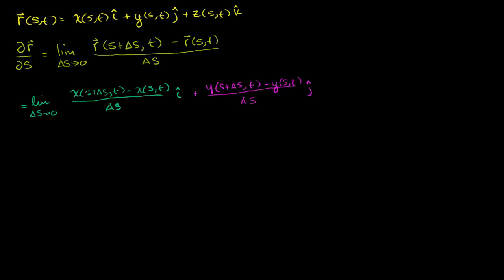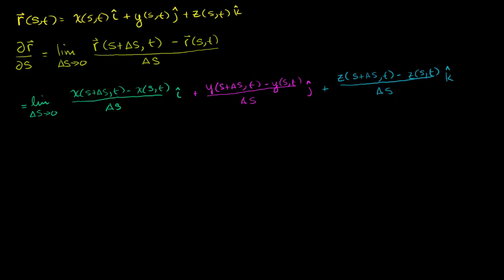And then finally, plus z of s plus delta s, comma t, minus z of s and t, all of that over delta s times the z unit vector, k. And this all comes out of this definition. If you literally just put s plus delta s in place of s, you evaluate all this, do a little algebra, you're going to get this exact same thing.